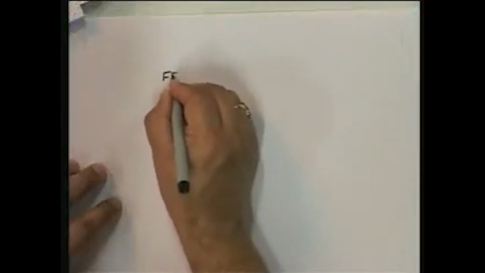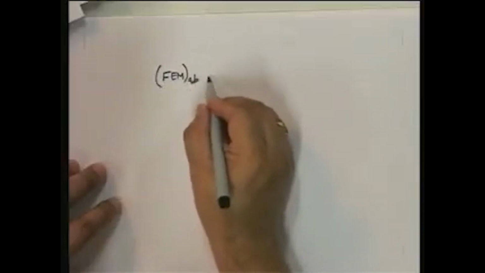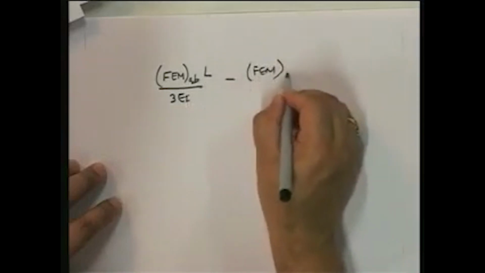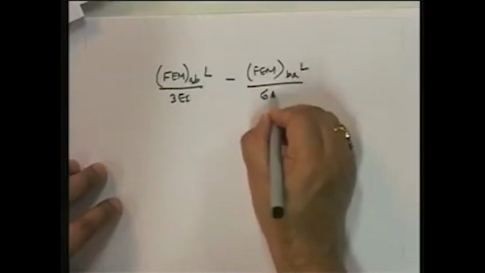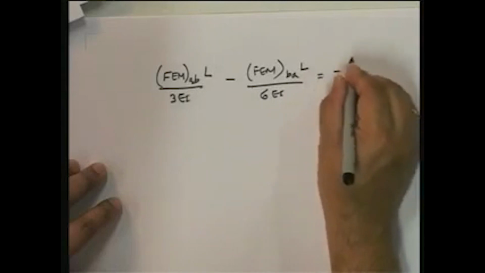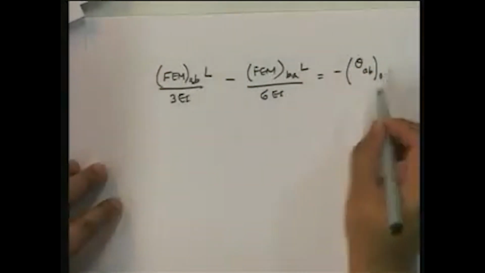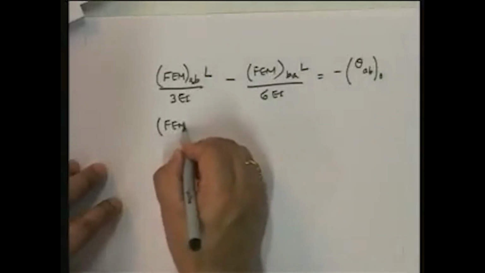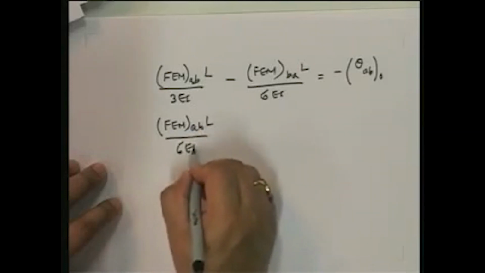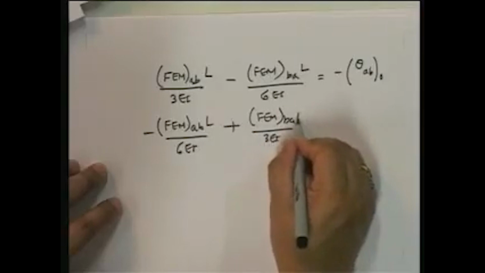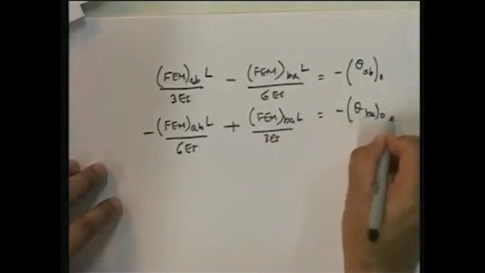For fixed end moments, I get fixed end moment AB times L upon 3EI minus fixed end moment BA times L upon 6EI is equal to minus theta AB 0, because theta ABM is equal to minus that. And fixed end moment AB times L upon 6EI plus fixed end moment BA times L upon 3EI is equal to minus theta BA 0.